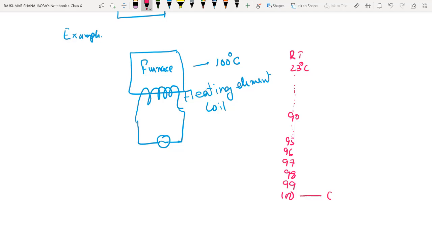At 100 you want to switch off the circuit, so you connect a relay switch so that the current is off when the temperature is 100 degrees Celsius.